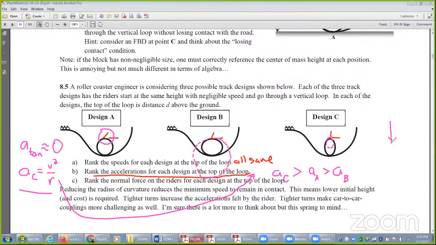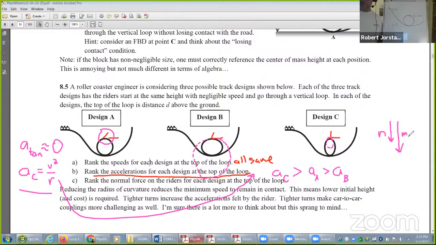Let's do a normal force plus mg, and that's going downwards. I'll call that a centripetal, a lowercase c. Sorry, lowercase and uppercase look similar. But in this case, I hope you agree that N is equal to m a_c minus mg.